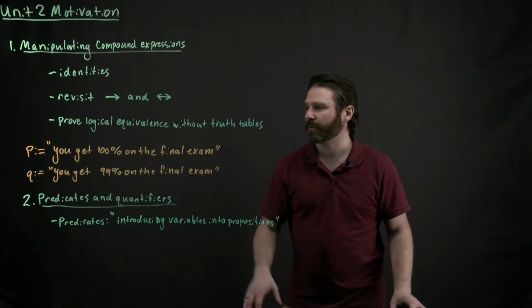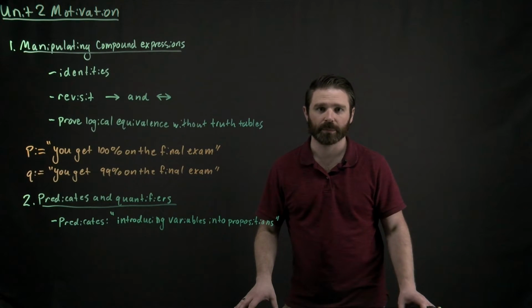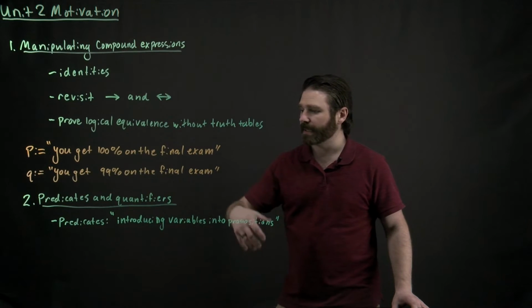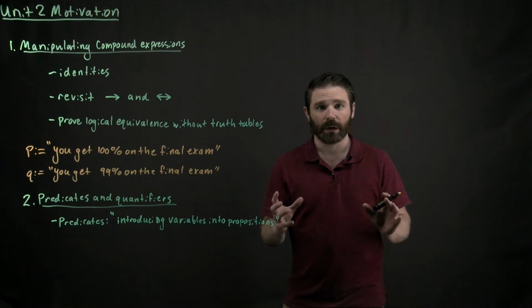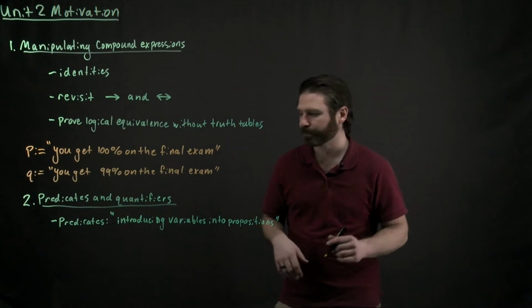You don't want to have to write down a different proposition for every single possible input to your algorithm. So with predicates, we're going to be able to introduce a statement that stands for every possible input to your particular algorithm.